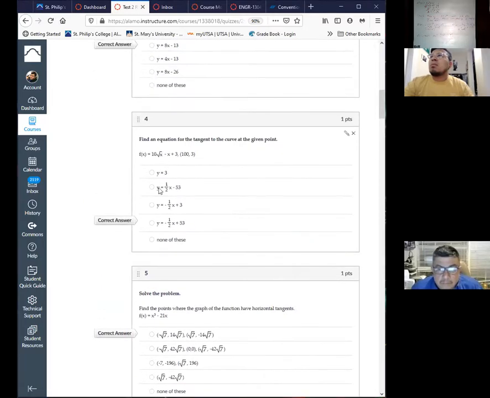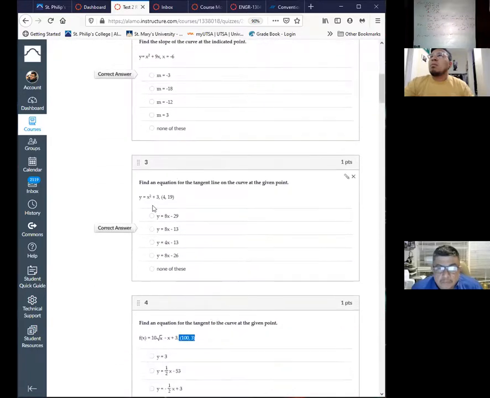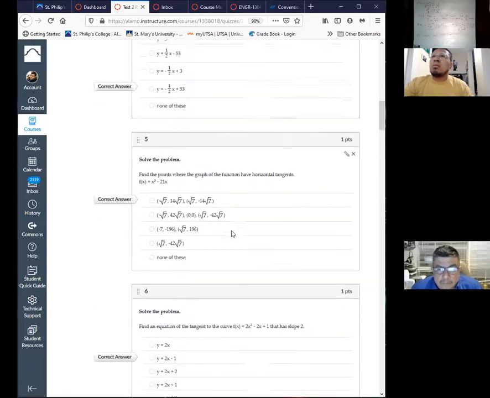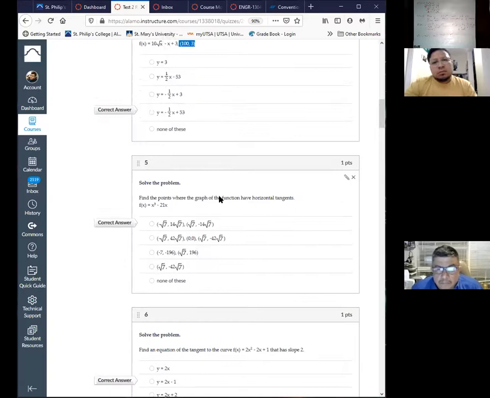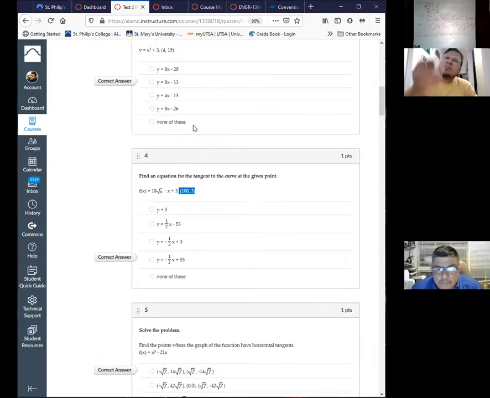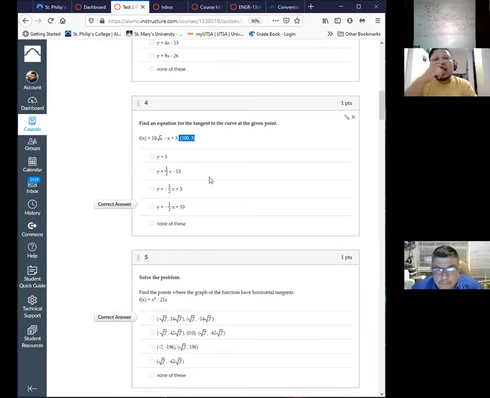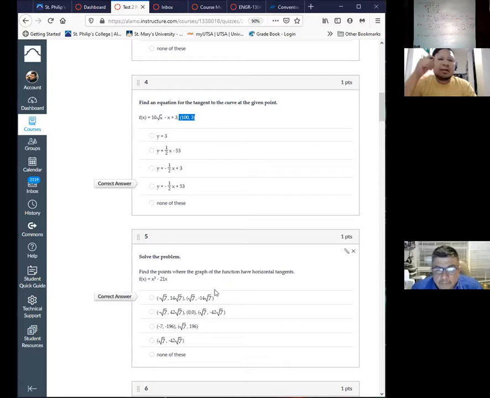Like over here, they give you the x and y, right? Can you just set the derivative equal to 2? Yeah, that's what you're gonna have to do. You take the derivative and set it equal to 2, solve for x, and then you have the x, which you then plug in here to get the y. So it'll be a combination of number 2, 3, 4 type of question with a little bit of 5 in there.